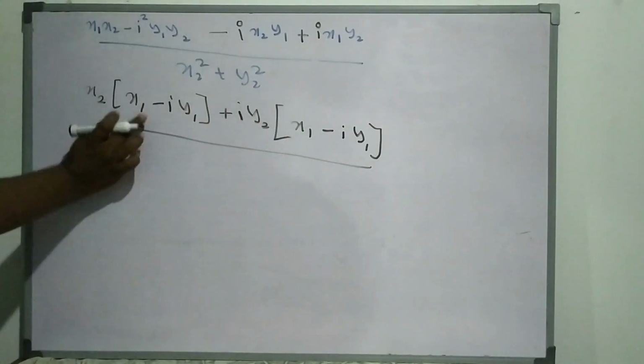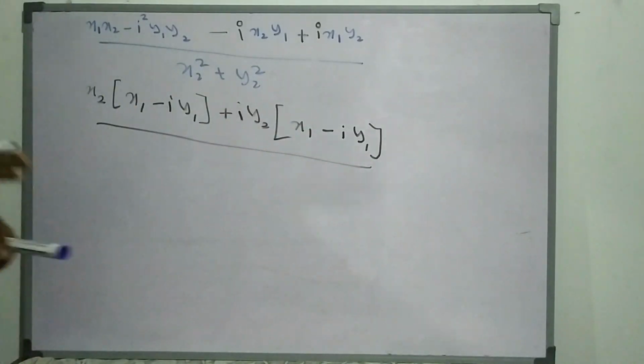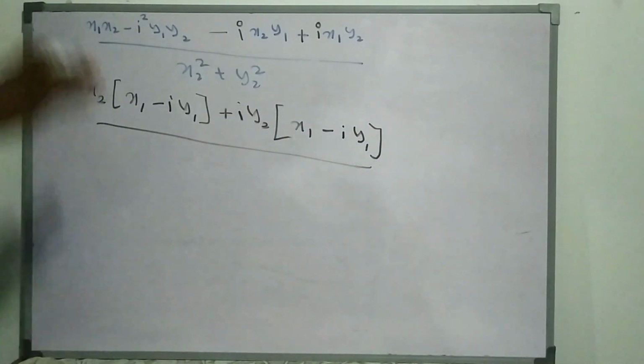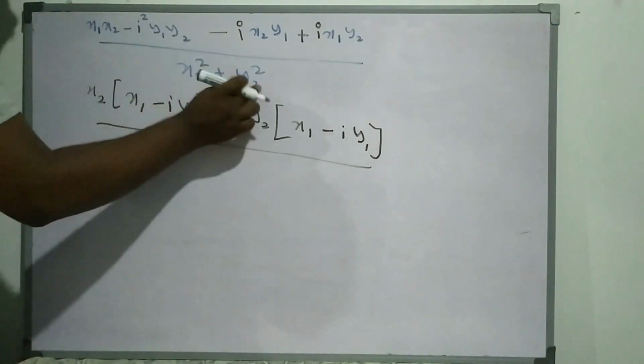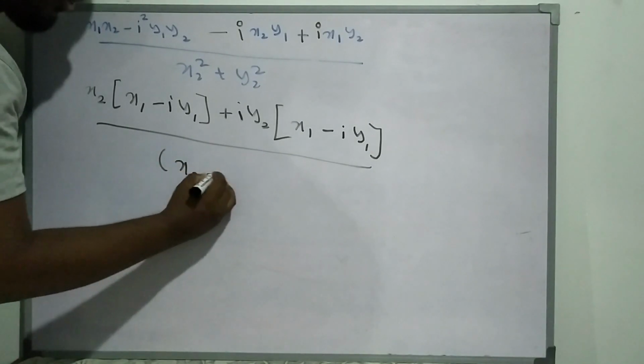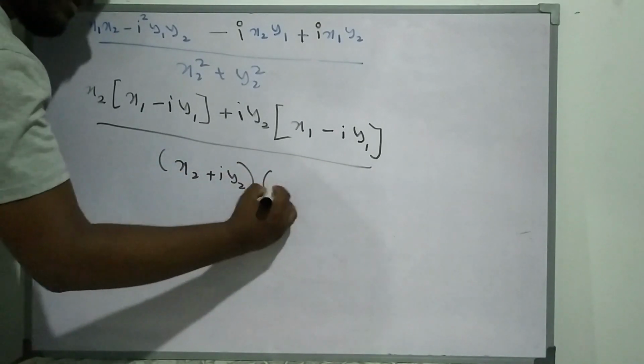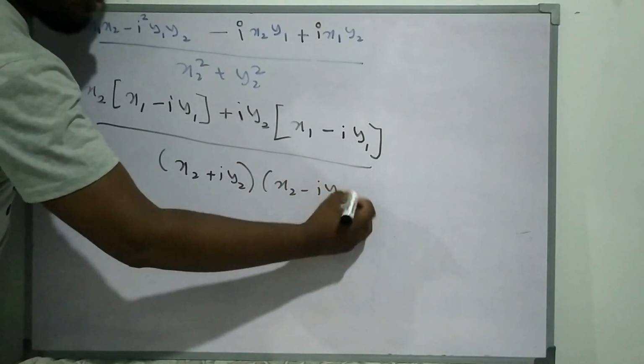You can see that these two brackets will be the same, otherwise they would not be. That's why I am taking plus i y2. So x2 squared plus y2 squared means simply (x2 plus i y2)(x2 minus i y2), no?